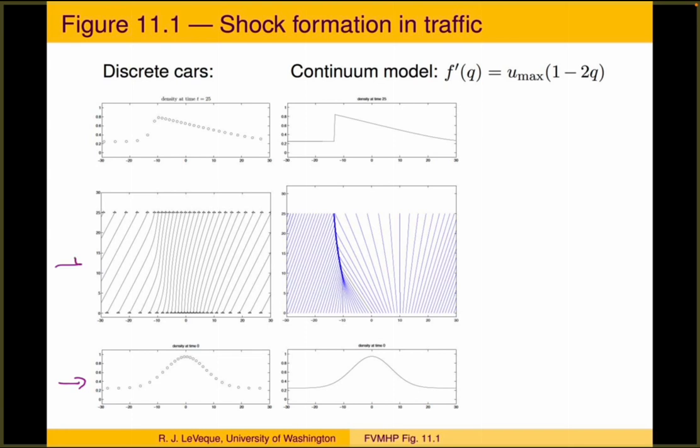So this figure here shows actual particle paths, or the paths that these cars might take as they accelerate or decelerate. And at some later time, we get this sort of pattern of cars where we have nearly a jump discontinuity in the density. And then on the right, we have the corresponding continuum model where we have a density function that's smooth to begin with that represents this distribution of cars.